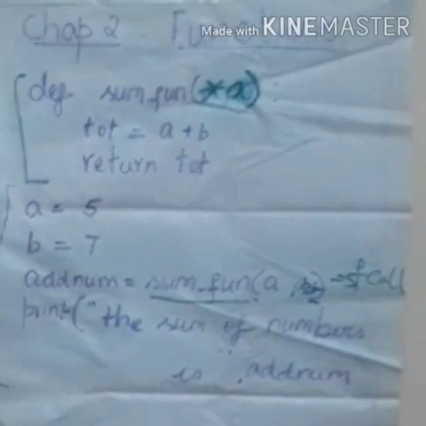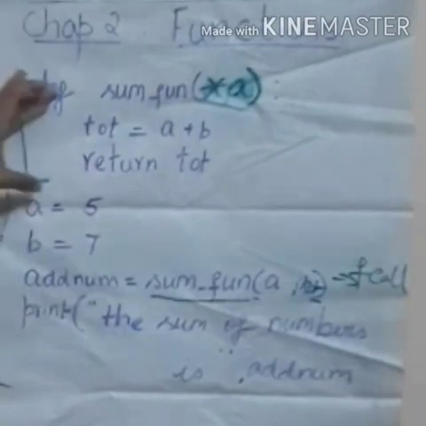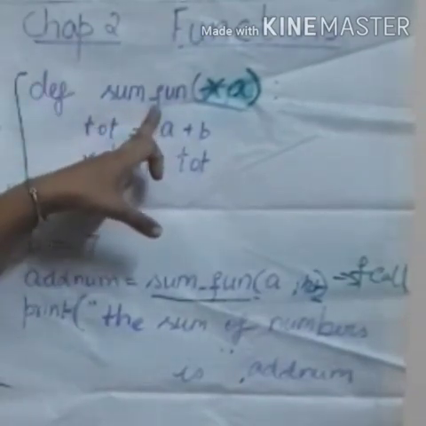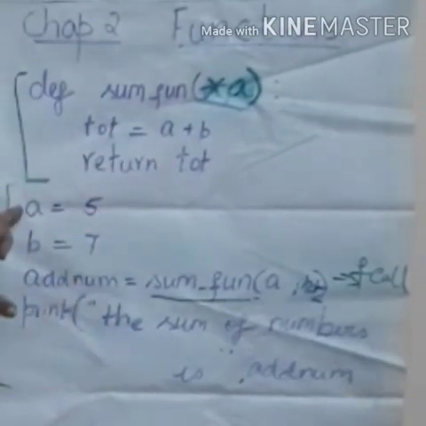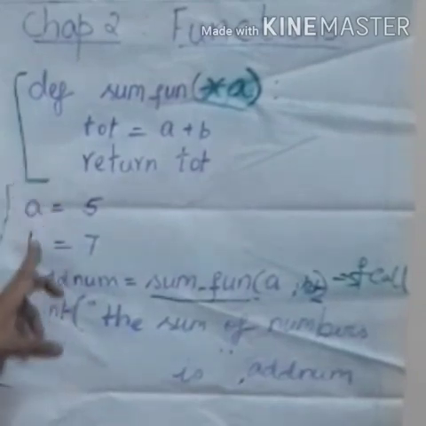Next we should learn about writing the main part of the program. Now you were writing def and you were giving the function name. But here you didn't give any name, but you know that it is a main program.